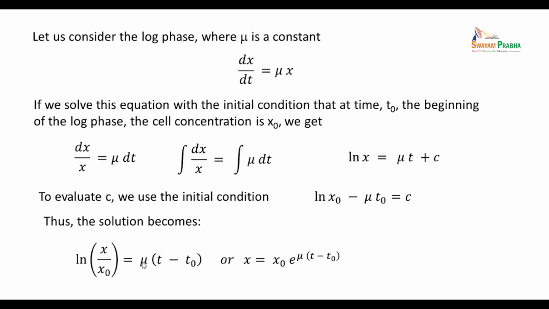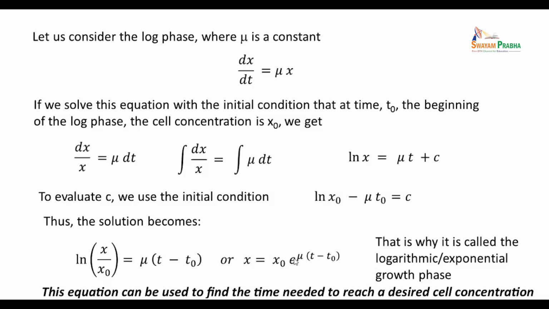And therefore, ln x by x0 equals mu into t minus t0, so x equals x0 times the exponential of mu into t minus t0. This is the description of the variation in cell concentration x with time.